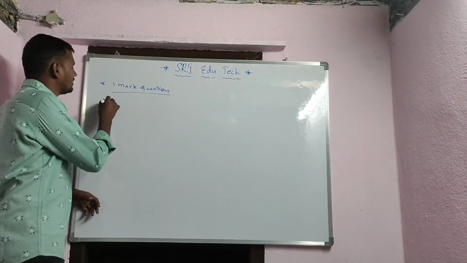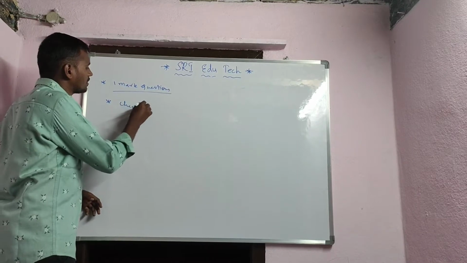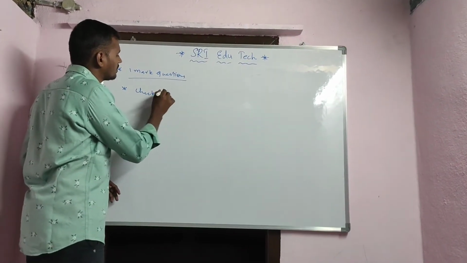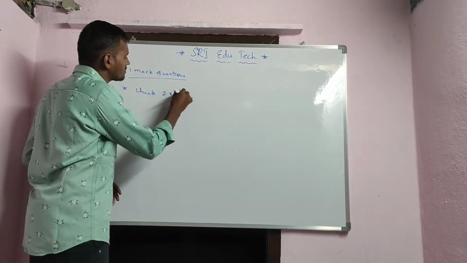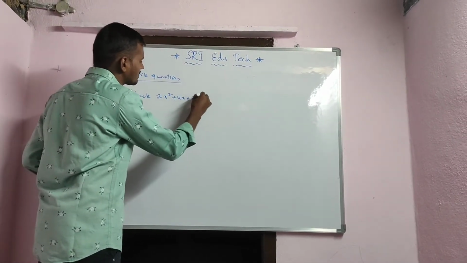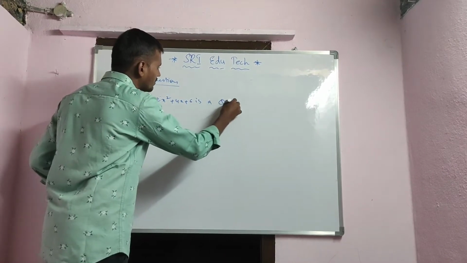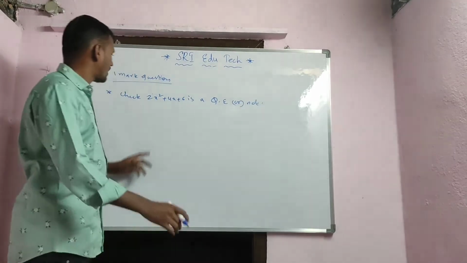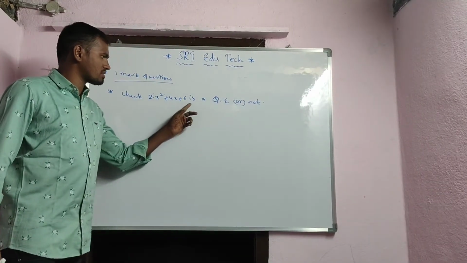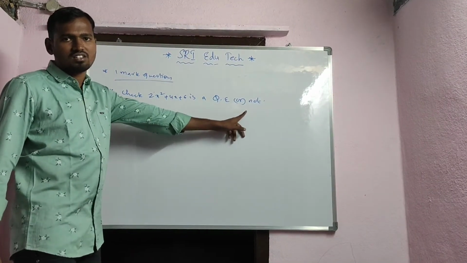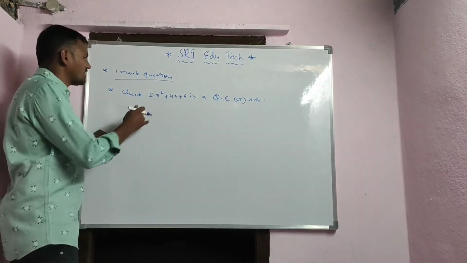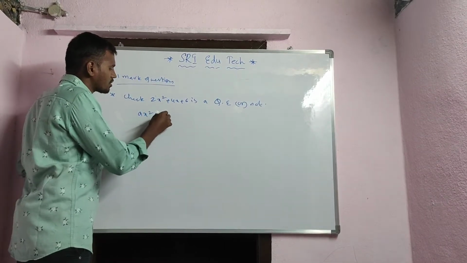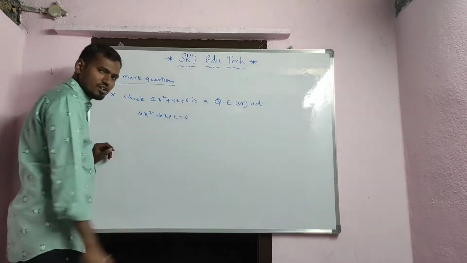Let's see. Check whether 2x square plus 4x plus 6 is a quadratic equation or not. See here, it is in the form of ax square plus bx plus c is equal to 0 only.